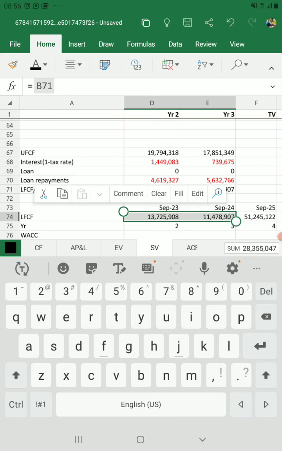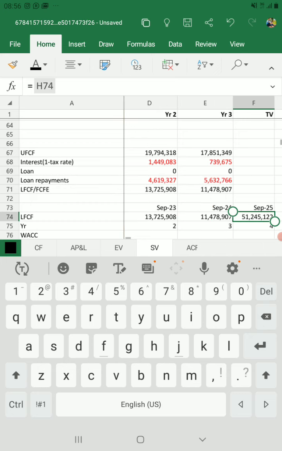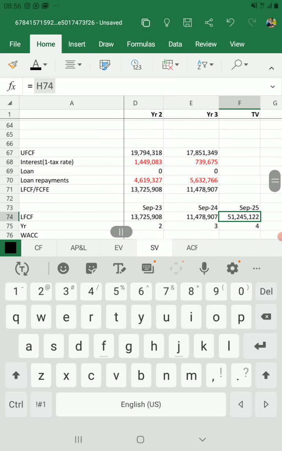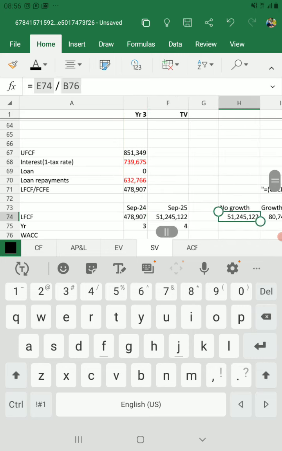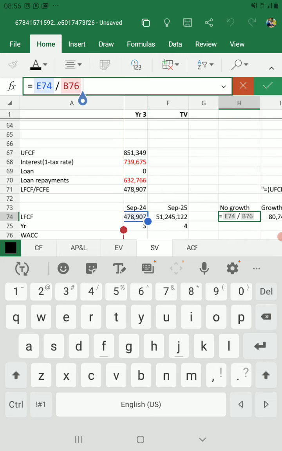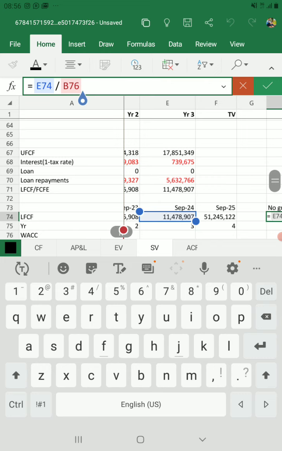After adjusting up to the third year, the terminal value is automatically adjusted, because the computation for terminal value picks from the latest figure here, and this one has already been adjusted to take into consideration levered free cash flow. So there's no change here in terminal value. That's why I dragged it to year 3.